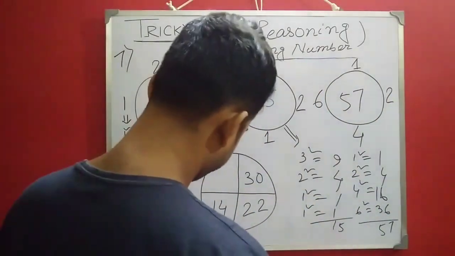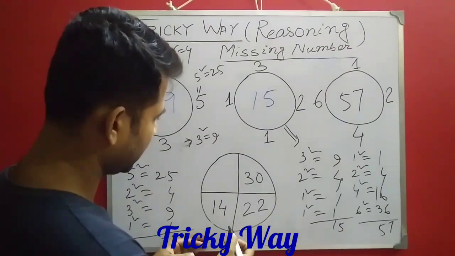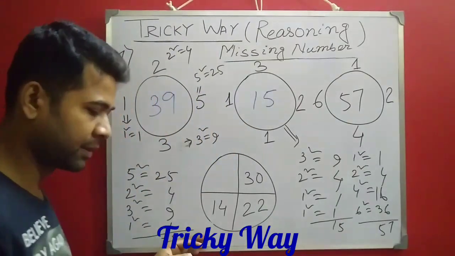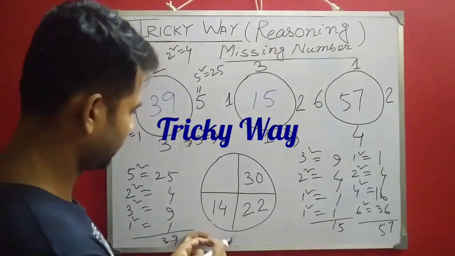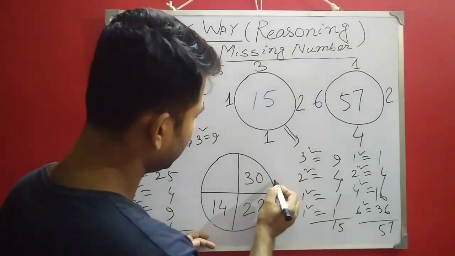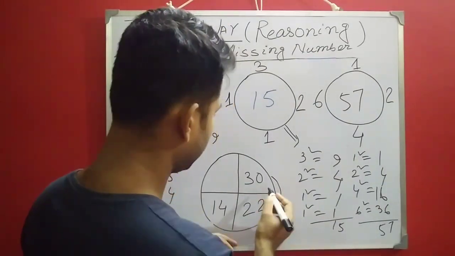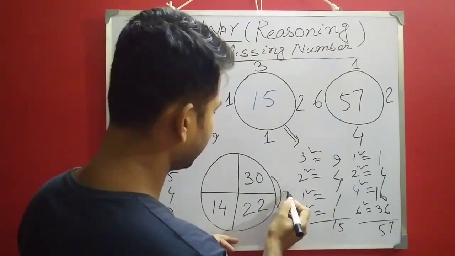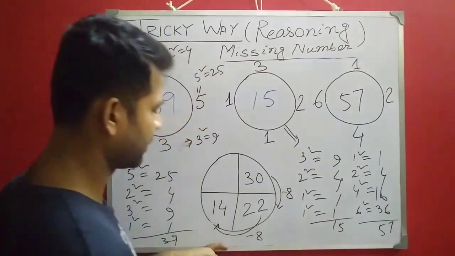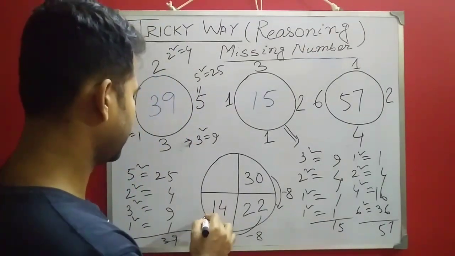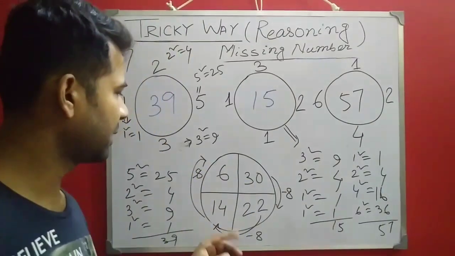And here, starting from the lowest value, 30 minus 8 equal to 22, 22 minus 8 equal to 14, and similarly 14 minus 8 equal to 6. 6 is the answer.